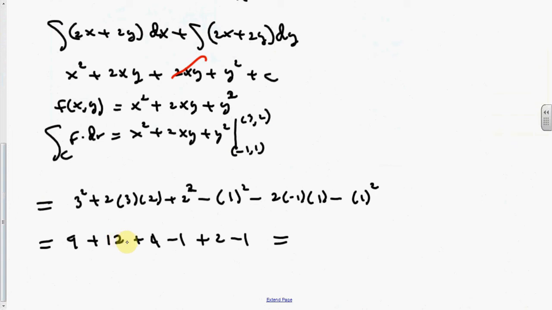We have 16, what is that, 25? Everybody with me? Okay, good.